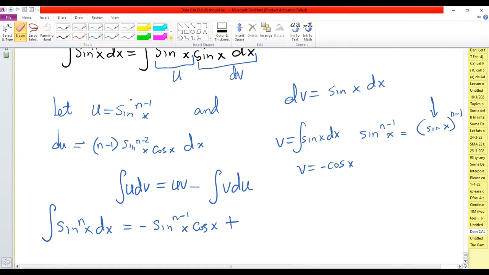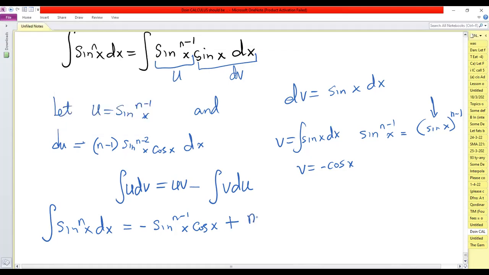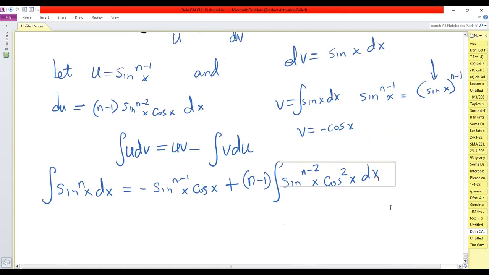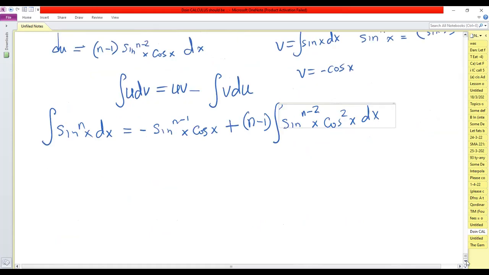So we'll have n minus 1 times the integral of sine power n minus 2 x. This cosine times this cosine will give us cos squared x and then dx. Then we also know that cos squared x is the same as 1 minus sine squared x.